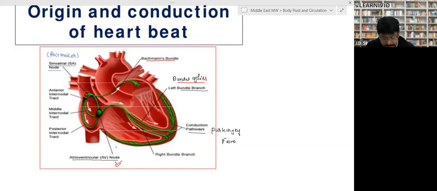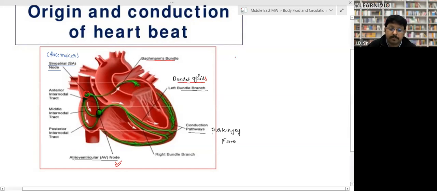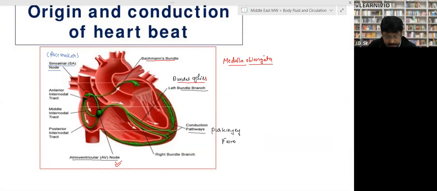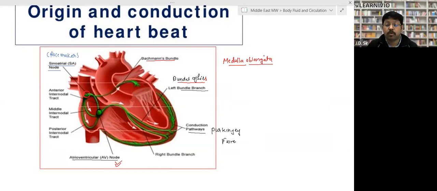The cardiac center lies in the medulla oblongata of the brain, which controls the heart rate. The cardiac center lies in the medulla oblongata, which controls the heartbeat.